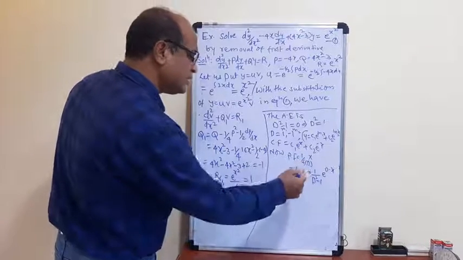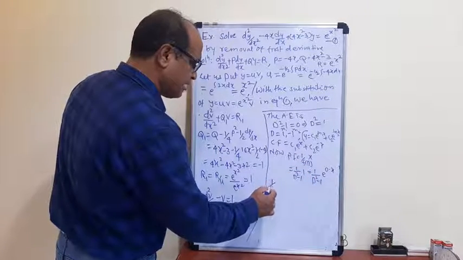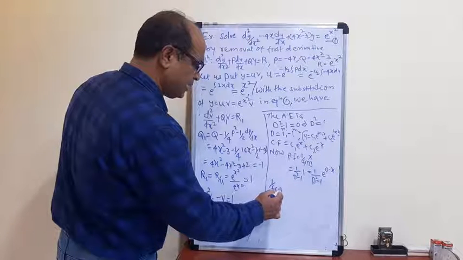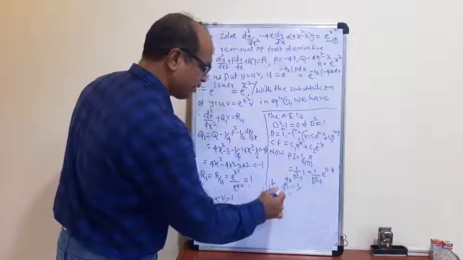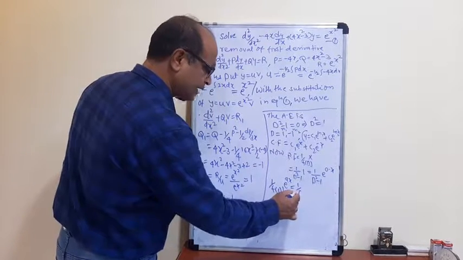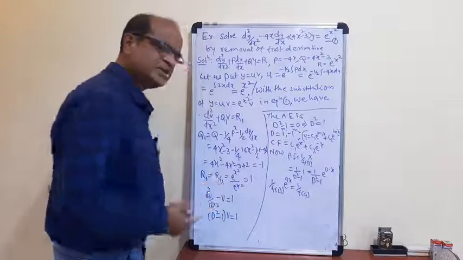So we know how to find the particular integral. The standard formula is 1 upon f of D, e raised to ax, equals 1 upon f of a times e raised to ax. We took many examples of such type.